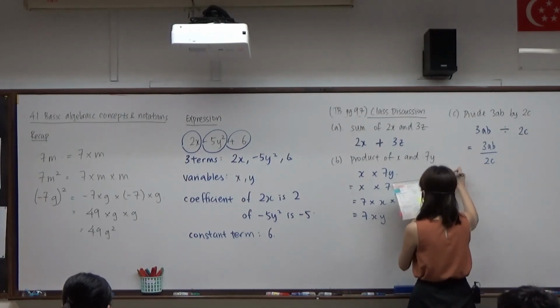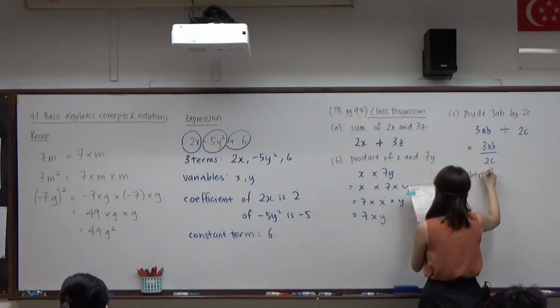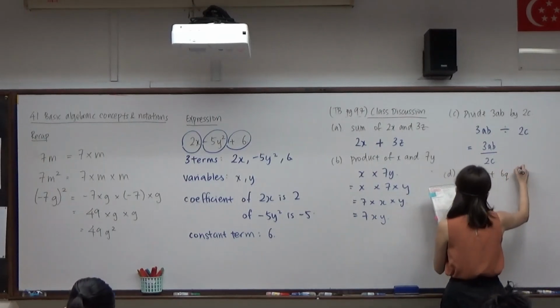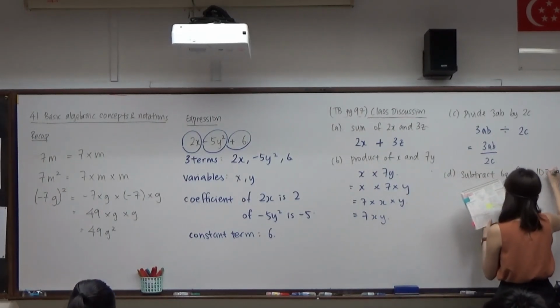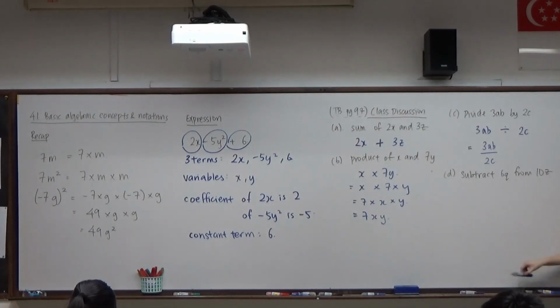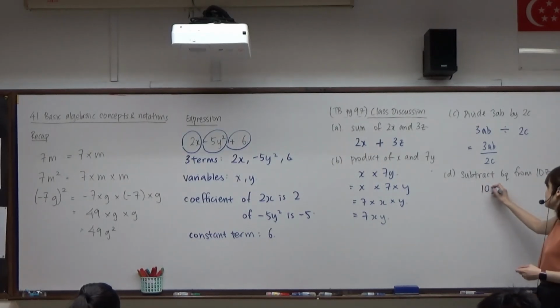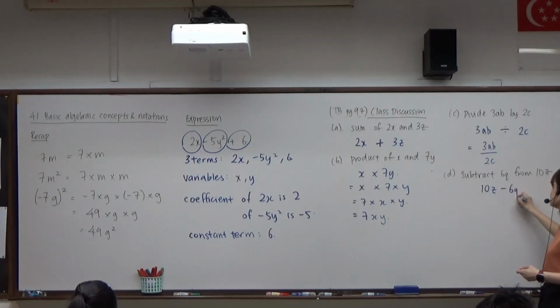Then part B. Subtract 6q from 10z. So what do you think we should be getting for subtract 6q from 10z? Gigi, what do you think? 10z minus 6q. Okay, so Gigi says 10z minus 6q.